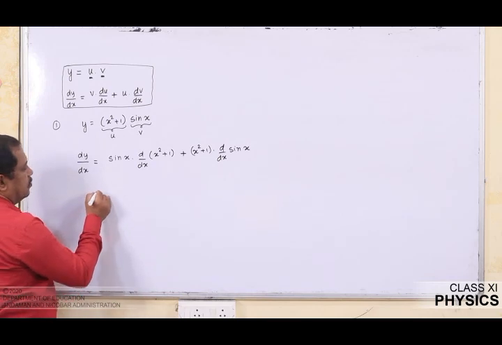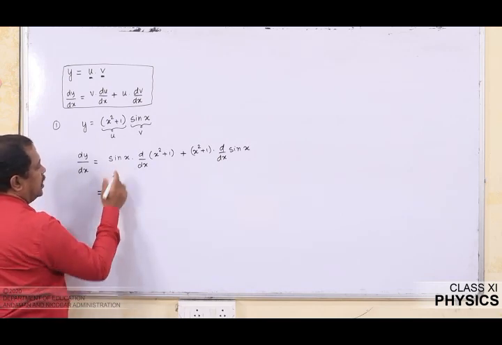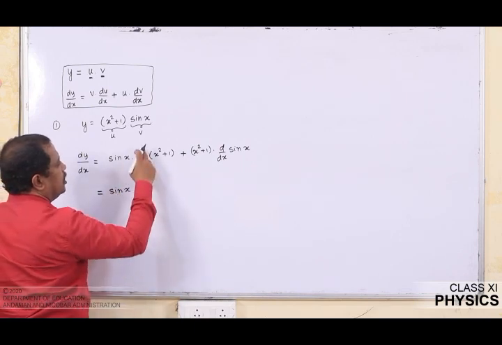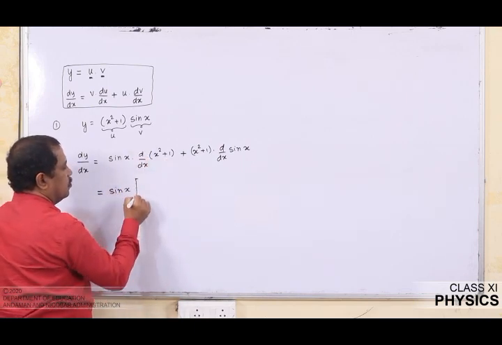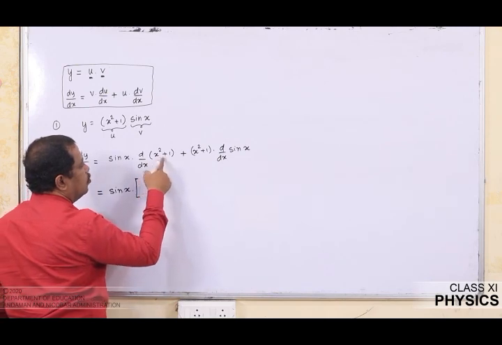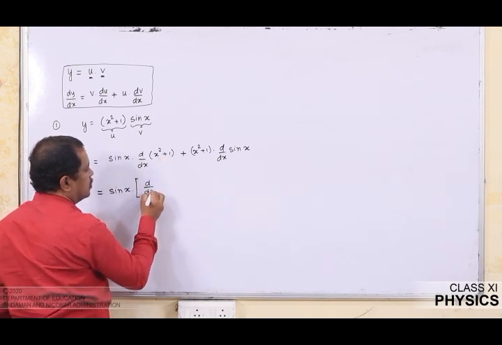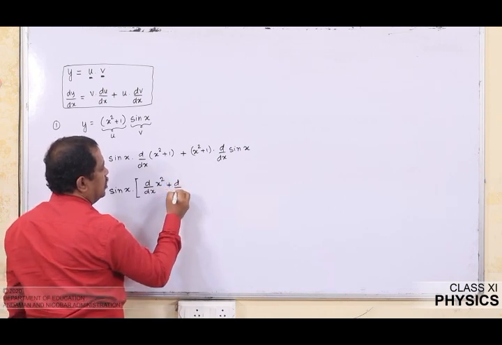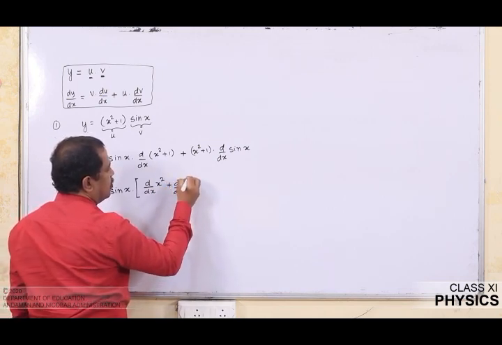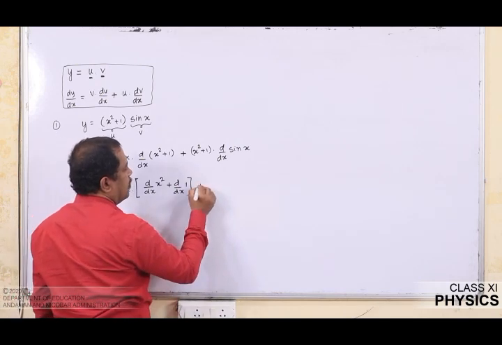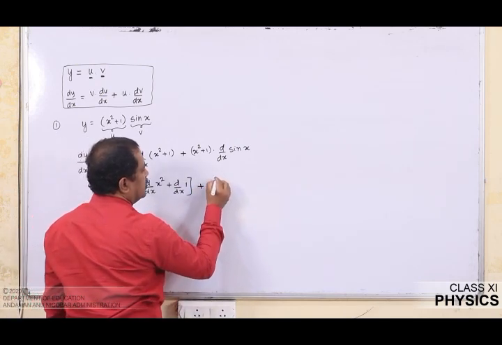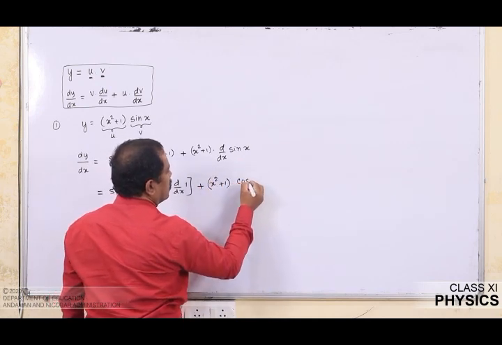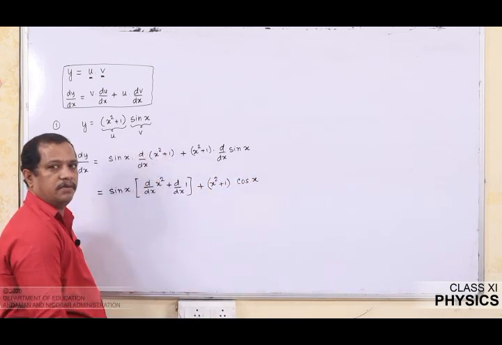Now, I can solve the expression. So, sin x I am going to keep as such, times d over dx of this one. Just now we saw I have two terms, I can separately differentiate these two, d over dx of x square plus d over dx of 1, plus the function that I am going to keep as such, x square plus 1, times cos x, which we have seen already in the previous class.